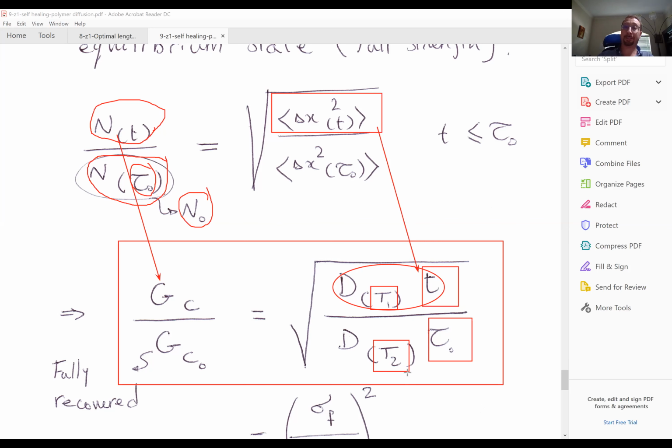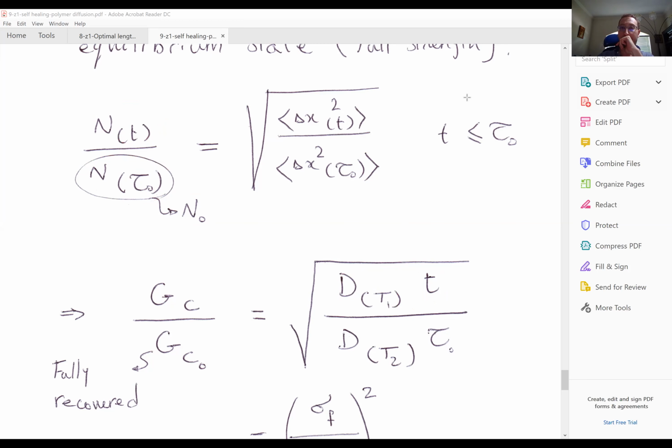So for instance, if at a temperature T2 above Tg, it takes tau zero to get to this equilibrium state and recover the properties of the virgin material, then at a lower temperature T1 and a time that is less than tau zero, the energy release rate will be proportional to this product.